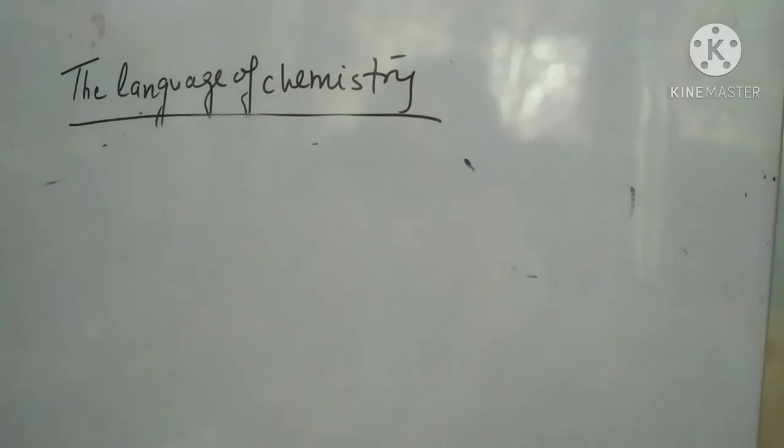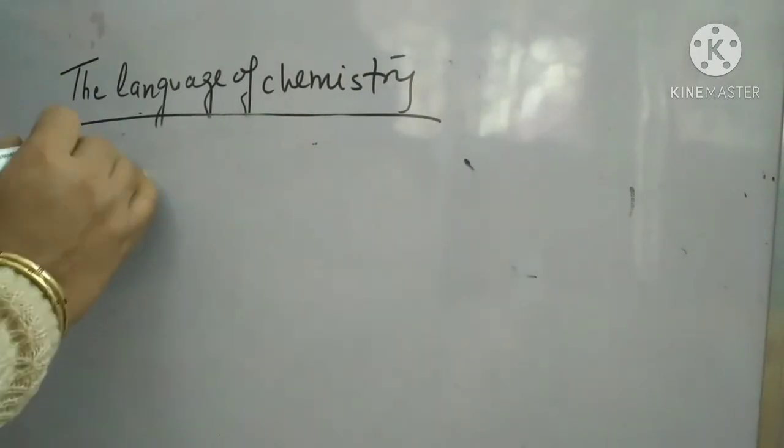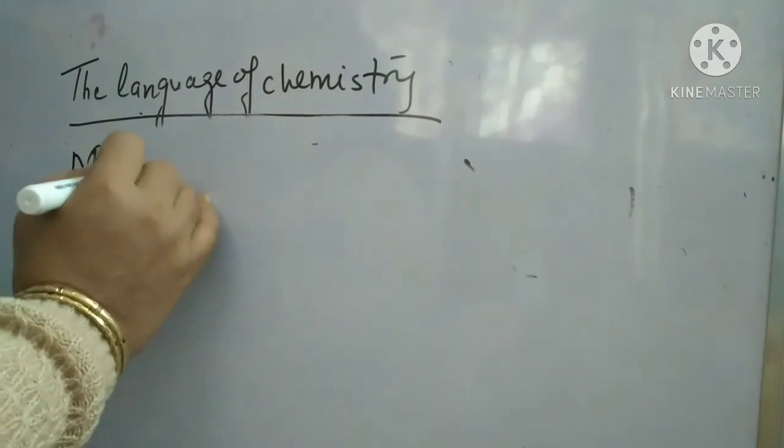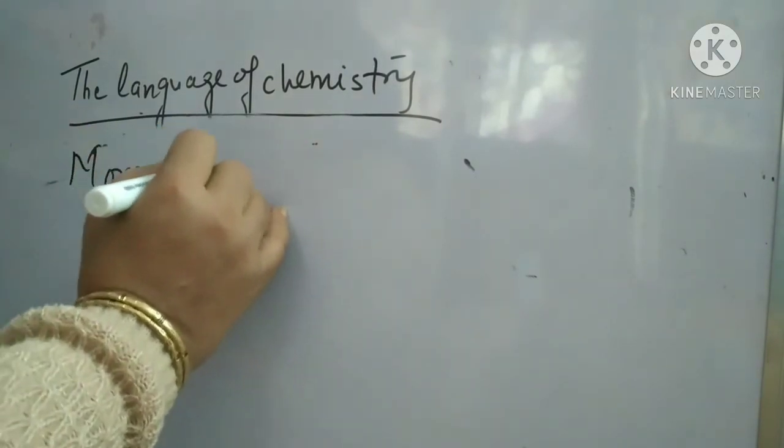Now coming to negative ions or radicals. In this we will see again monovalent elements.